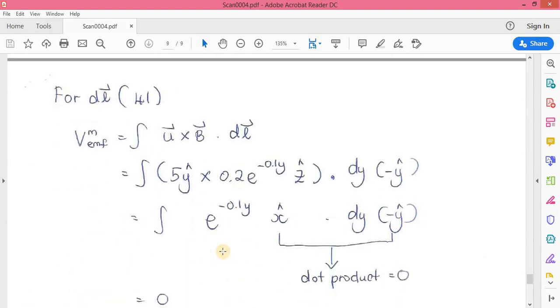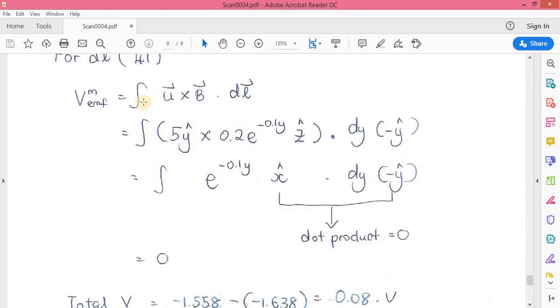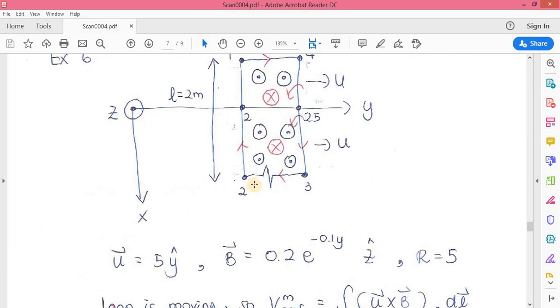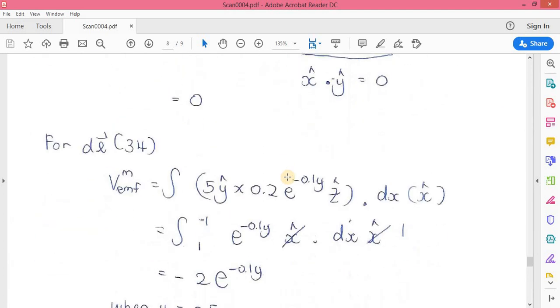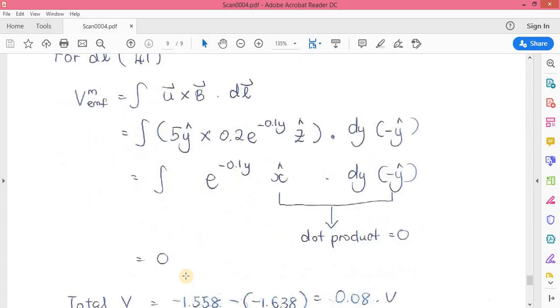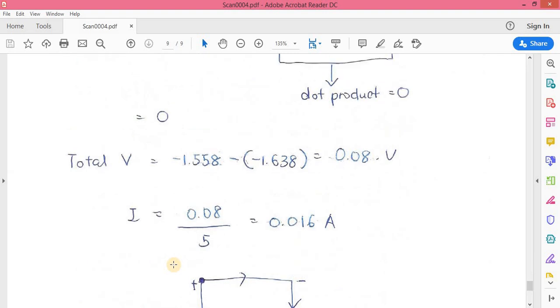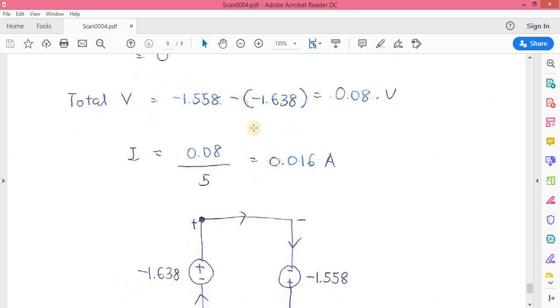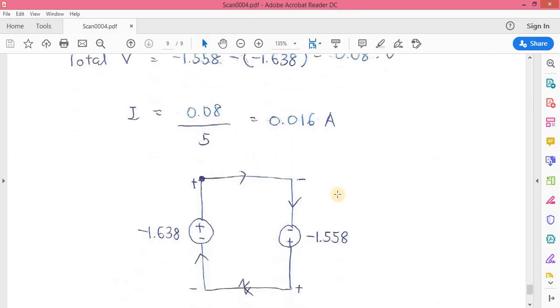For side 4-1, it is similar to side 2-3. Same thing, you can check yourself, and the answer will be 0. Now we need to find the total EMF. So this is the one generated at 1-2, and this is 3-4.